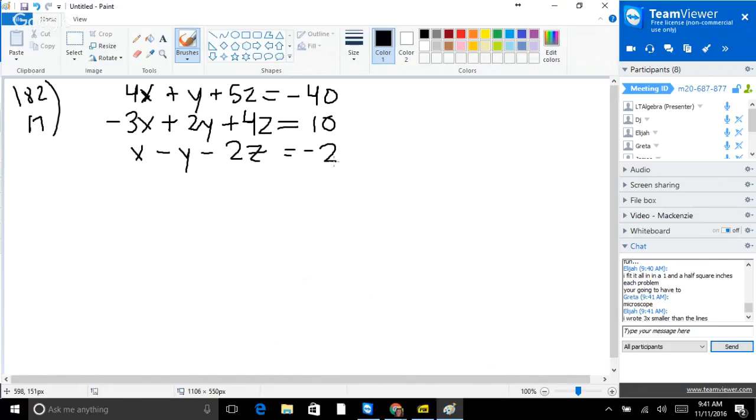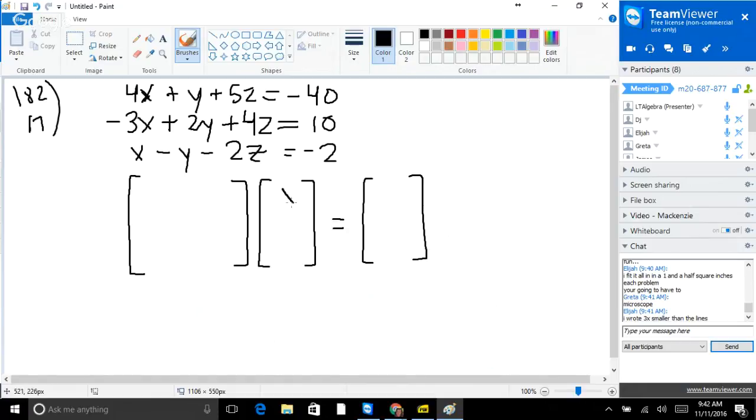Okay, so what we have here is 3 equations and 3 variables. So we're going to transform this into a matrix expression that we can solve. We have one matrix that holds all of the coefficients, the number before each variable, and we multiply by the variables x, y, and z to get the solution. In my first equation, the coefficients are 4, 1, and 5.